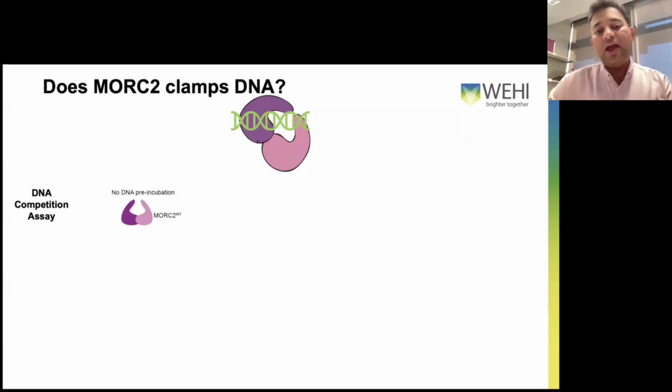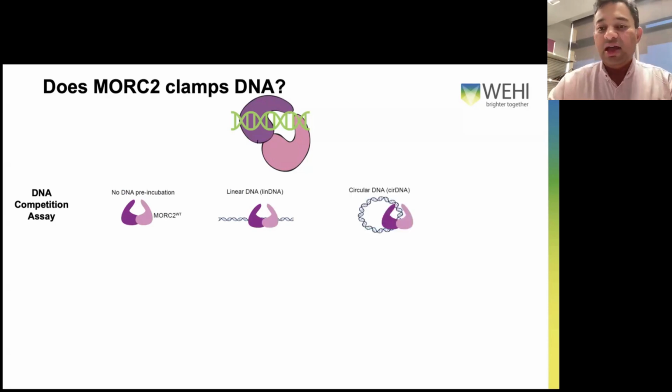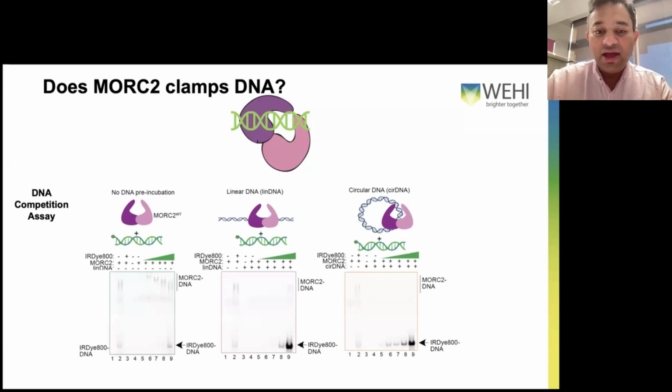We had one form of MOC2 which was not pre-incubated with the DNA, the second one pre-incubated with linear DNA, and the third one pre-incubated with circular DNA. Once that pre-incubation was over, we tried to compete out using a linear form of DNA of similar length, and we ran EMSA gels for that.